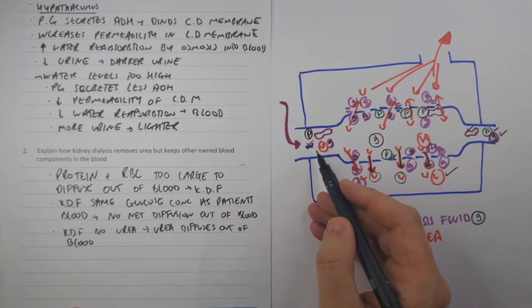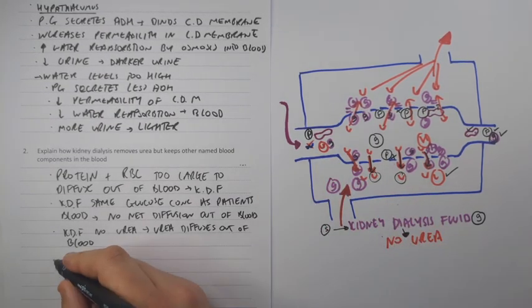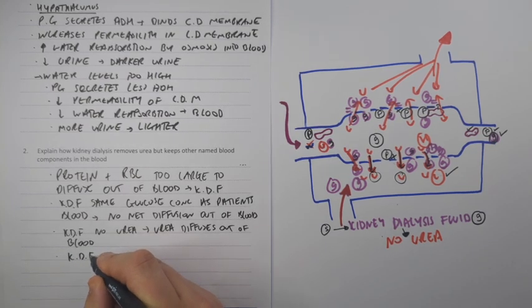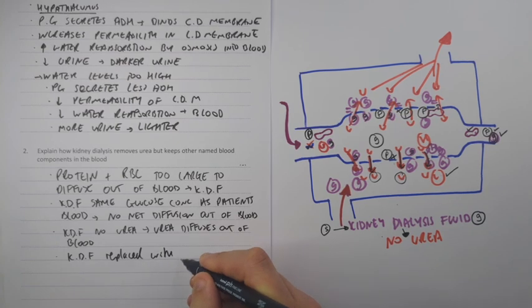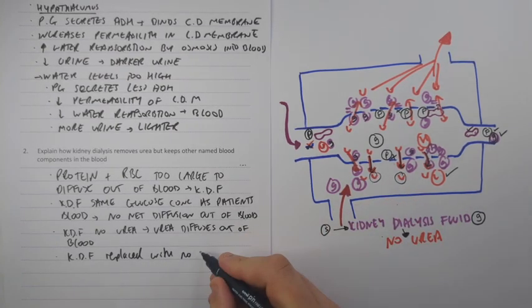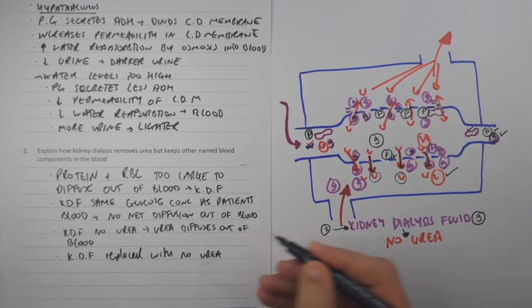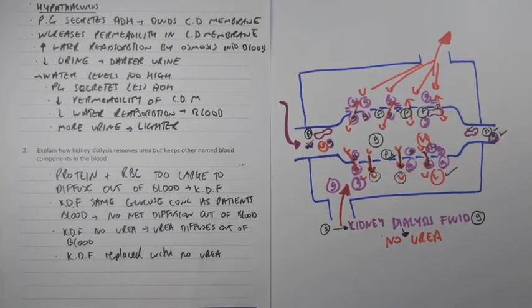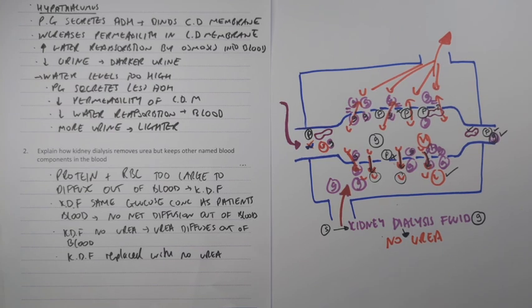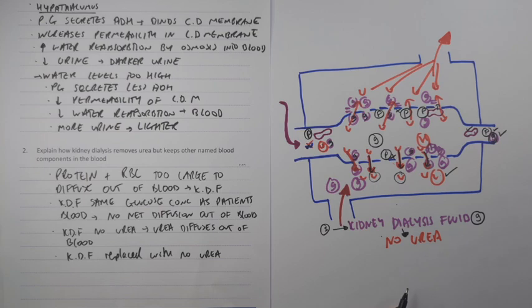And then the kidney dialysis fluid is replaced. Kidney dialysis fluid is replaced with fluid with no urea, but it's got the same concentration of glucose as you've written up here already. That is how a kidney dialysis machine works.